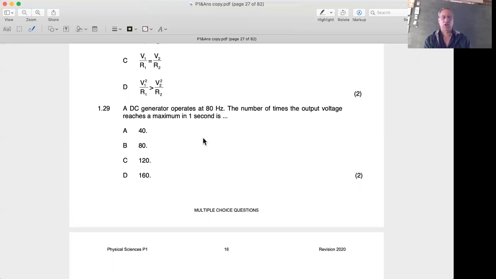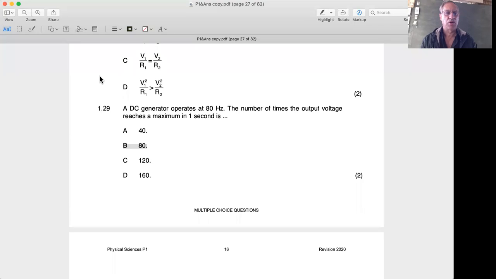Hang on, that's actually an interesting question, because each cycle, I just want to get a pen. It's not going to allow me to draw. Okay, let's go back to sharing.